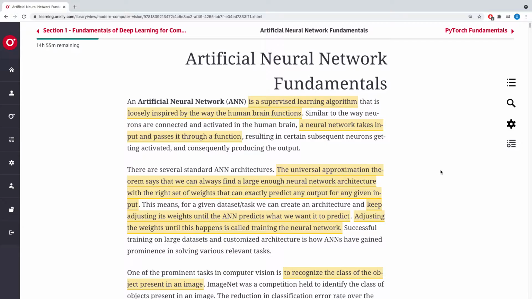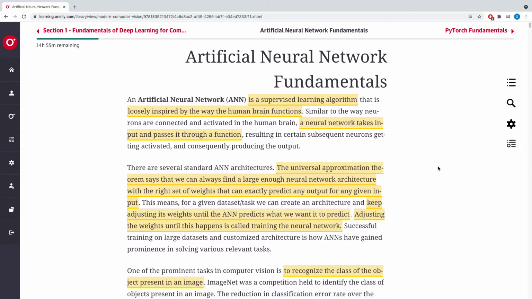And this algorithm is inspired by how the human brain cells activate and how it functions. So when your eyes see some certain object or certain color, there's a part of the brain cell that actually fires.